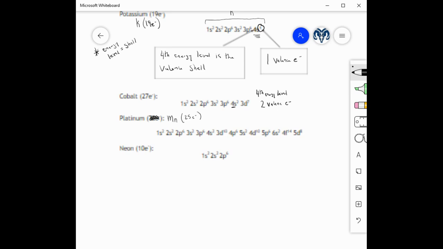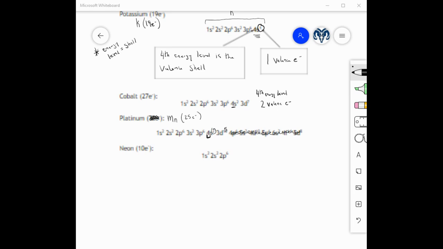Oh, so I went too far. Sorry, manganese, it's 1, 2, 3, 4, 5. It has a 5 here. It's in the 3d5. So all of this, I can get rid of. Again, the highest energy level is the 4. That's the highest shell or highest energy level, and it's going to have 2 valence electrons in it.